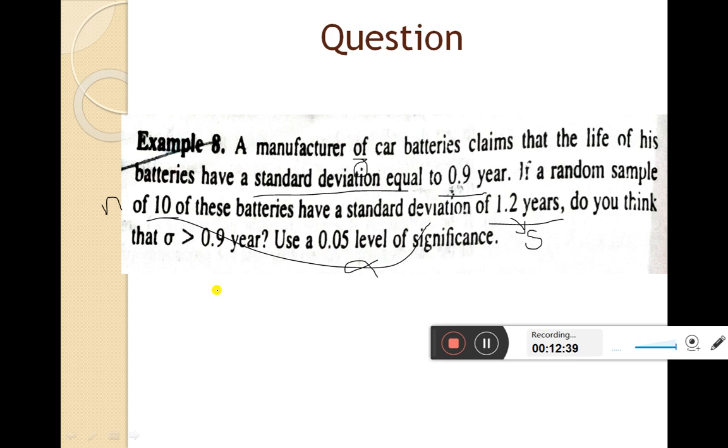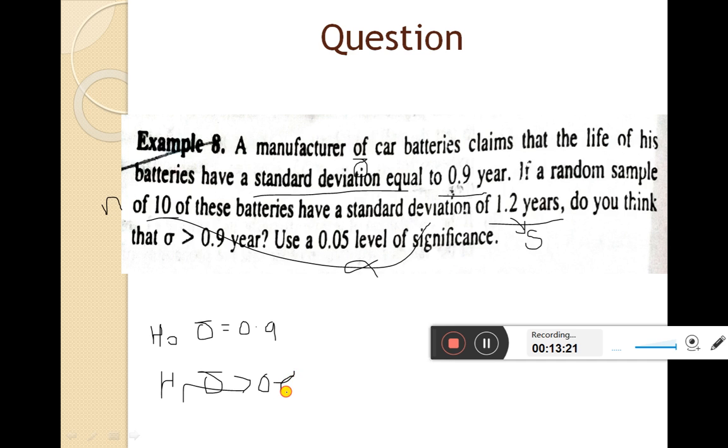Now remember one thing. As I told you, for the chi-square distribution we can use either population variance or population standard deviation. So let's suppose H0: standard deviation equal to 0.9, and H1: standard deviation is greater than 0.9.